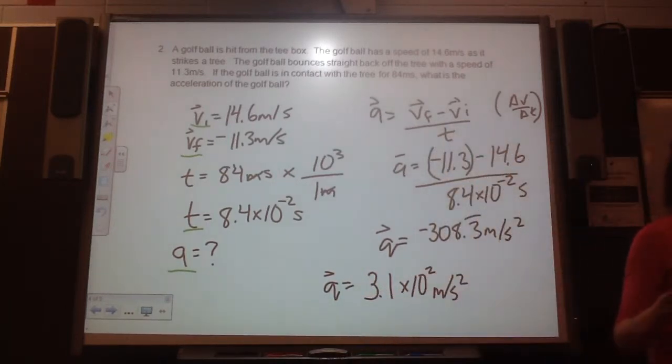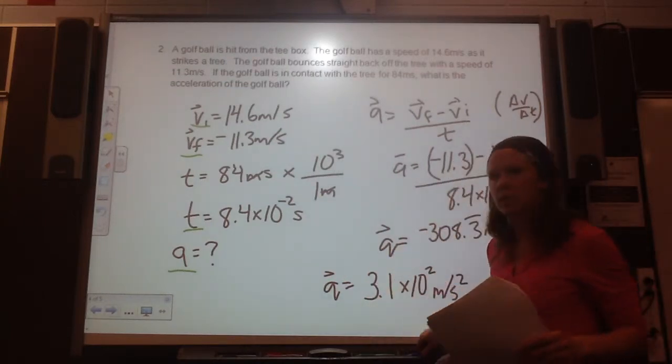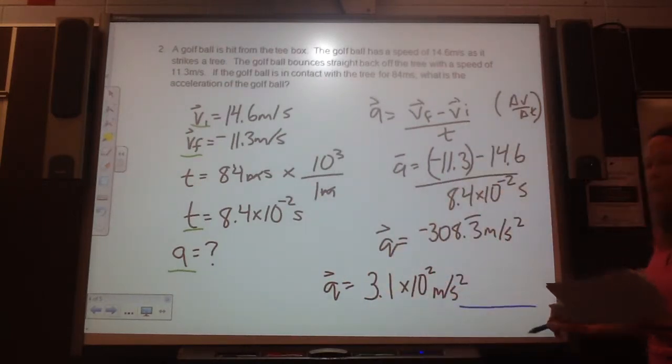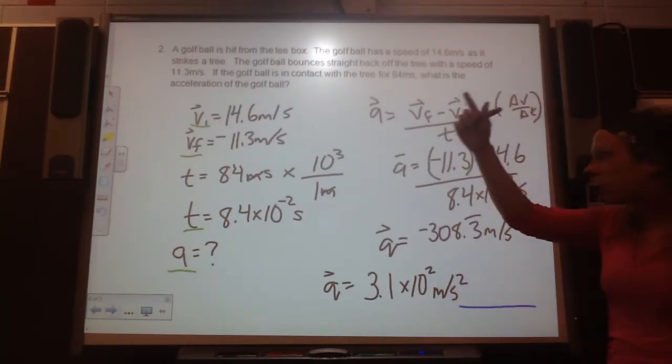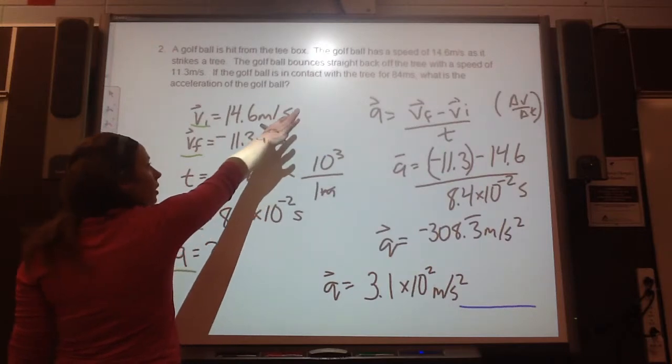What is my direction? I'm going to translate this negative into my direction. What is the direction? It's kind of a vague direction. In reference to the tree, is it going toward the tree or away from the tree? So if we think about it, the positive direction is when it was going toward the tree.